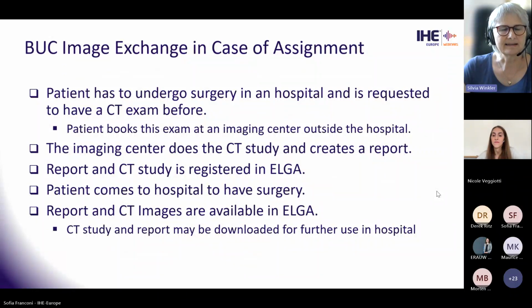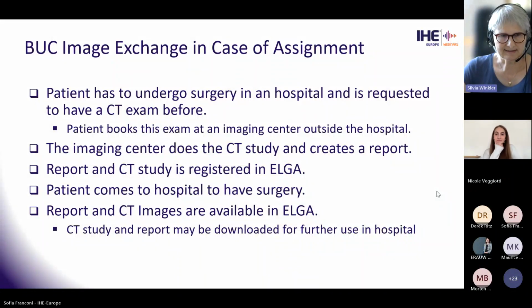So this is one of these use cases I picked out of this list, the business use case when images are exchanged in case of an assignment. The user story reads like this: a patient has to undergo surgery in a hospital and is requested to have a computer tomography, a CT exam, before.